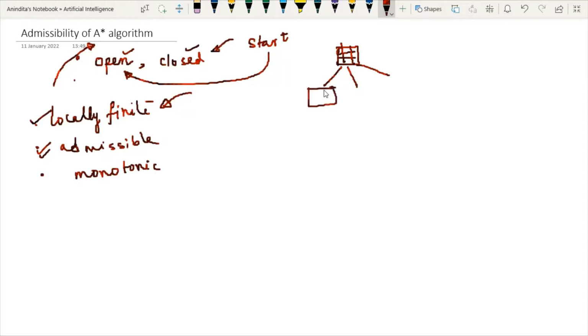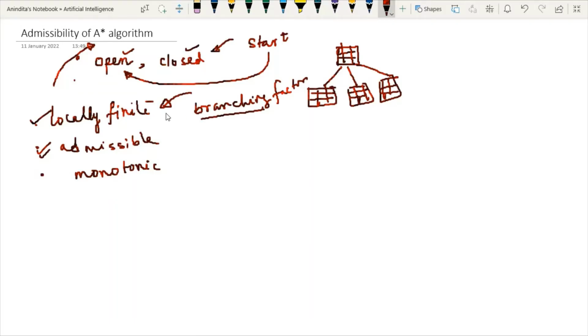And these branches create the child nodes. So first, in order to understand the term locally finite, we have to focus on the term branching factor. This is the key term associated with the concept of locally finite.